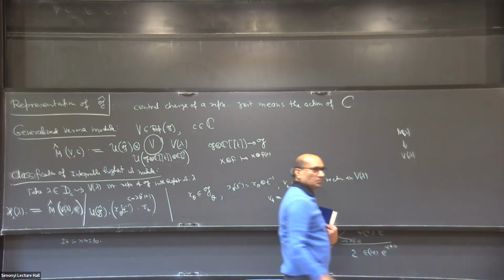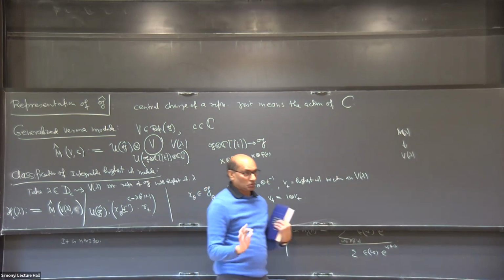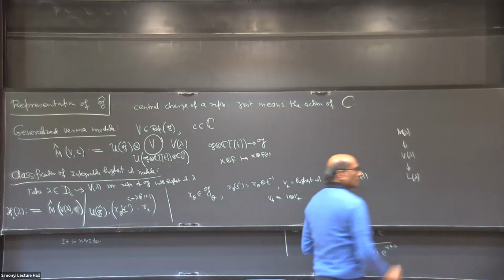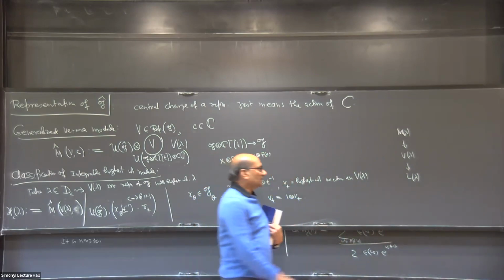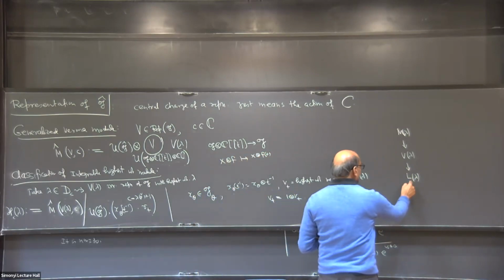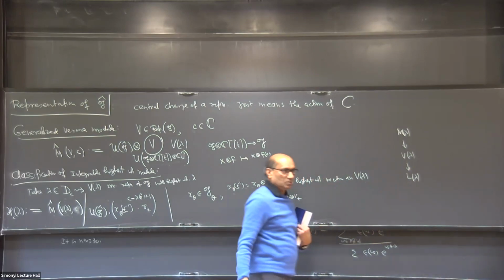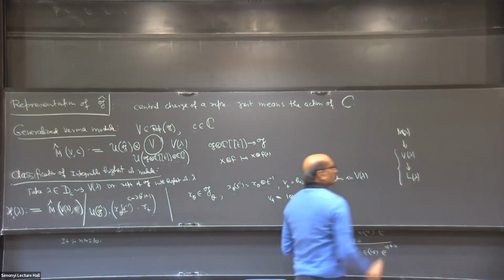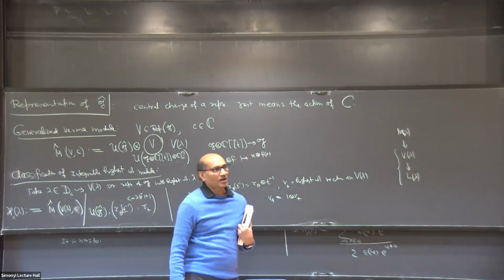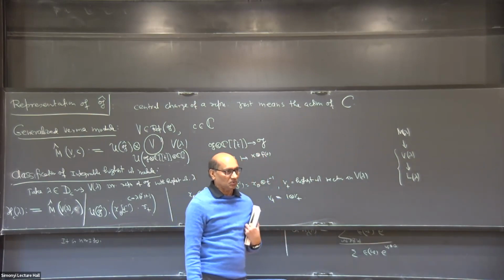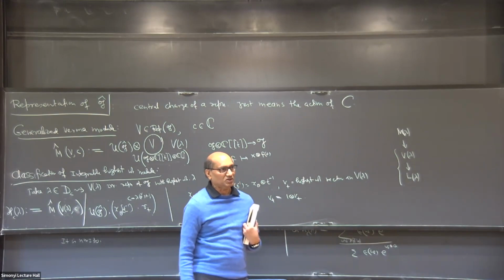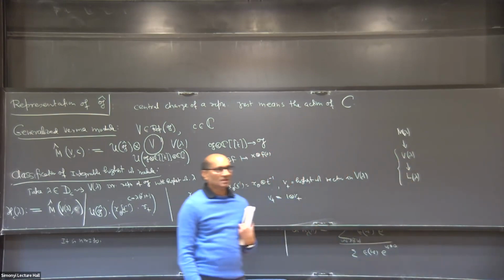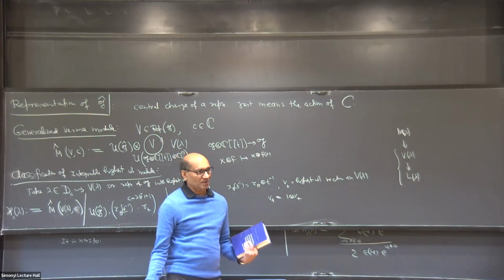A priori, this may not be irreducible, so let's go to the irreducible quotient. It is highest weight and integrable, because a quotient of an integrable module is integrable. Now you can prove the Weyl character formula, exactly the same formula, for any integrable highest weight module. This does not require that it be irreducible. This has the same character as that one, so they have to be isomorphic.